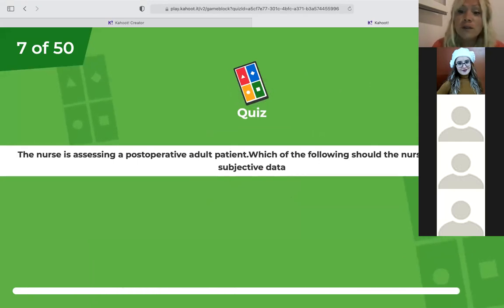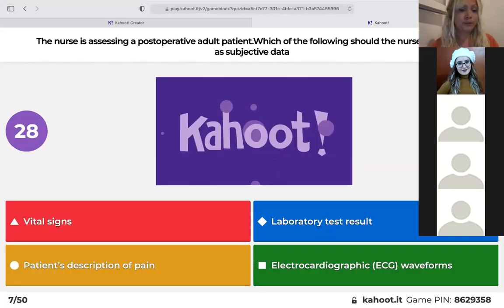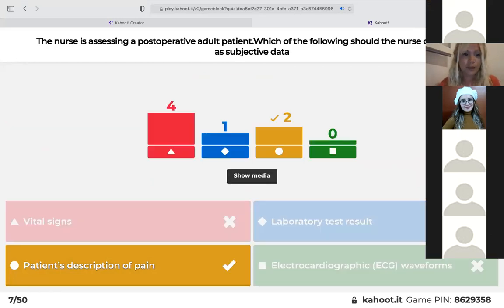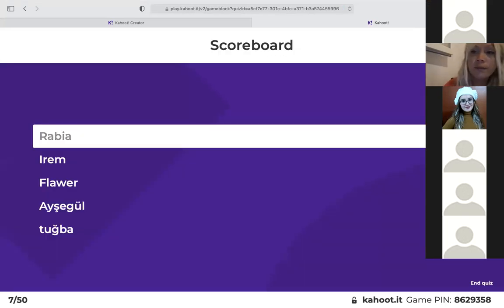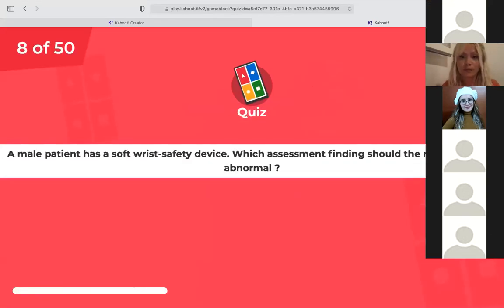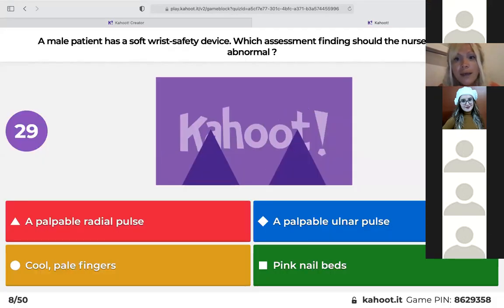Which of the following should the nurse document as subjective data? Patient experience of pain description. A male patient has a soft-freeze safety device. Which assessment finding should the nurse consider abnormal?